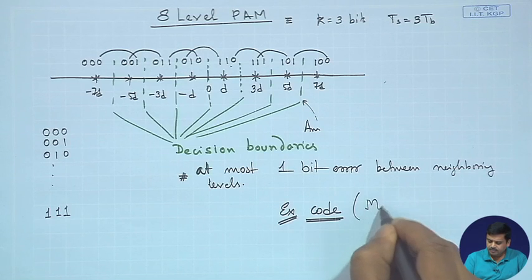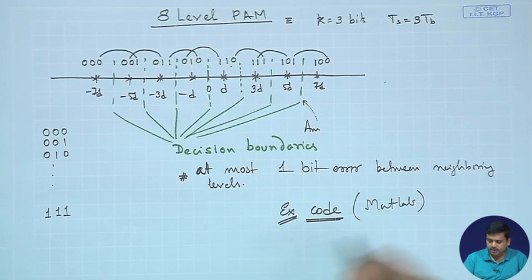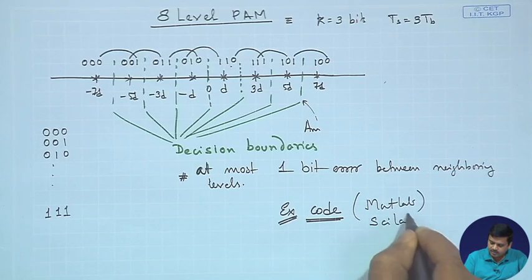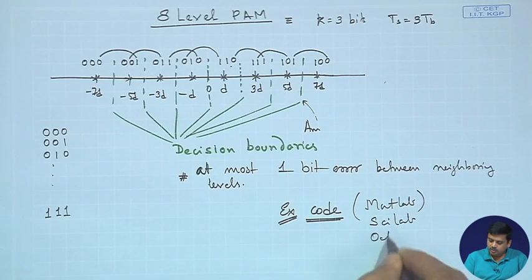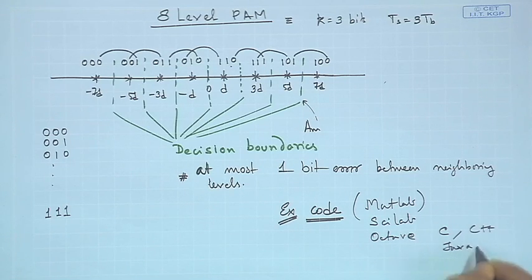Let us take MATLAB, right. You could use Scilab, which is a freeware, you could use Octave, you could use C or C++ or Java, whatever you feel like, so that you write a small program of your own by which you would take bit sequences and then you would map these bit sequences to amplitude levels, right.